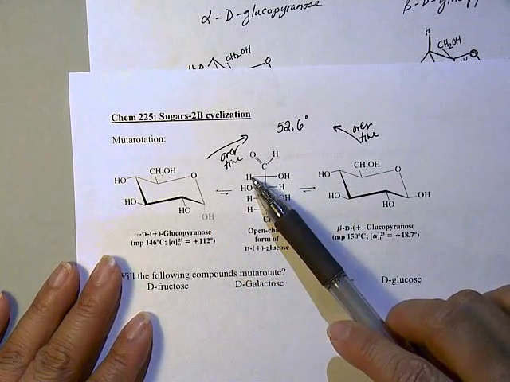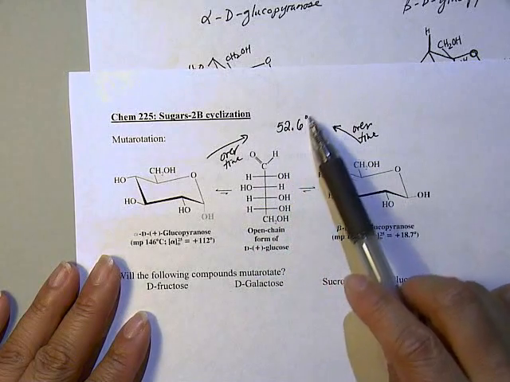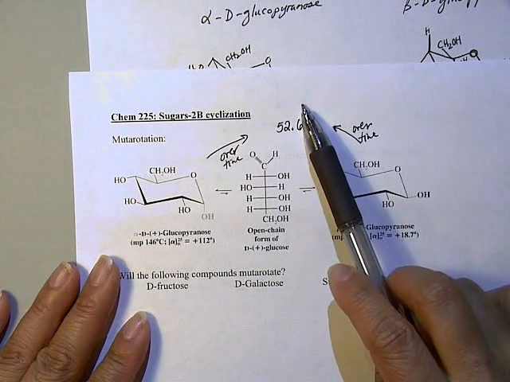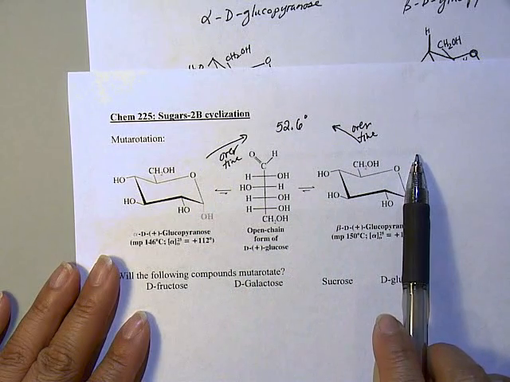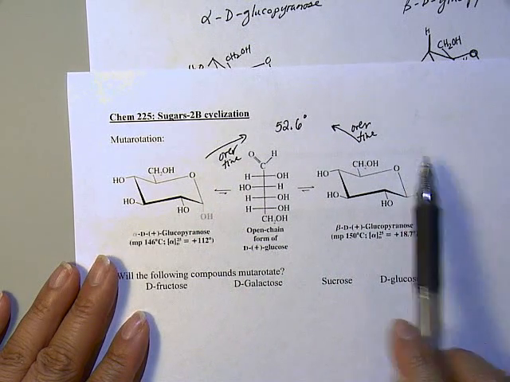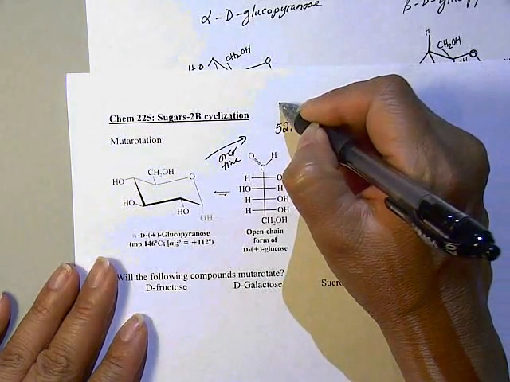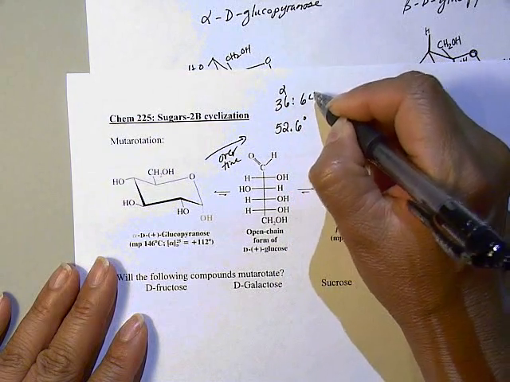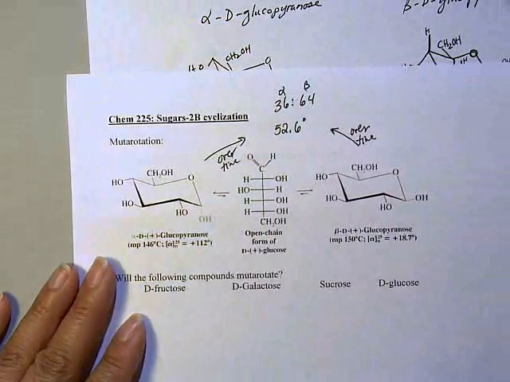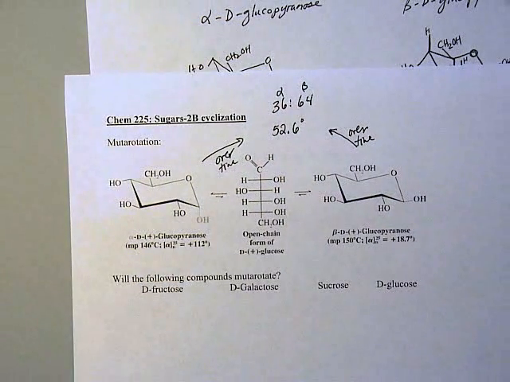So it happens such that the 52.6 is really referring to a mixture of both the alpha and the beta form, and the mixture is 36% of the alpha to 64% of the beta form. All right, so we have about a 2 to 1 ratio of the beta to the alpha, but you have a mixture.